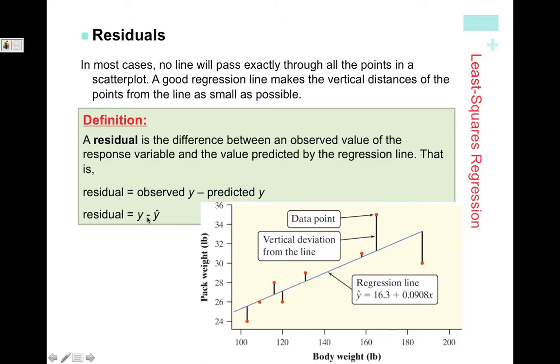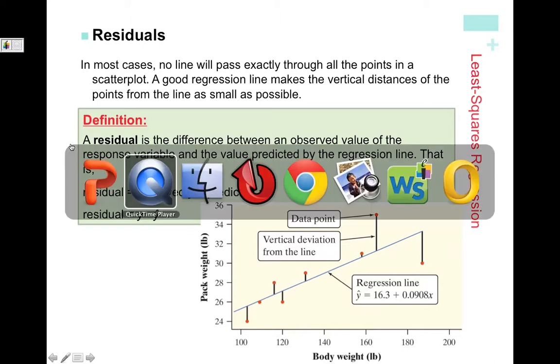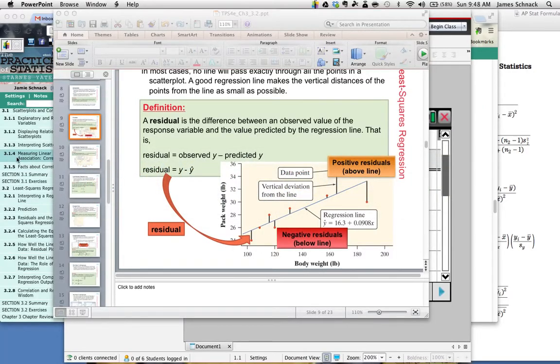The residual is the difference between the data value, the observed y, and the predicted y. Subtract those two things, that's the residual. When we have a regression line, we are trying to make those residuals as small as possible.